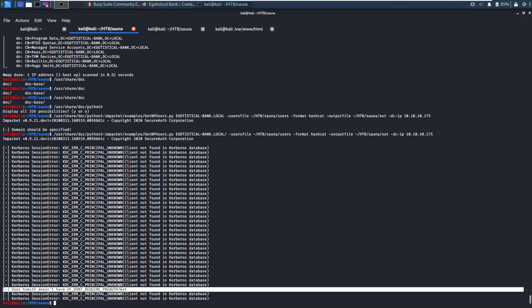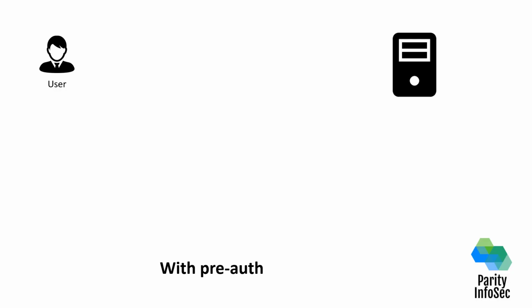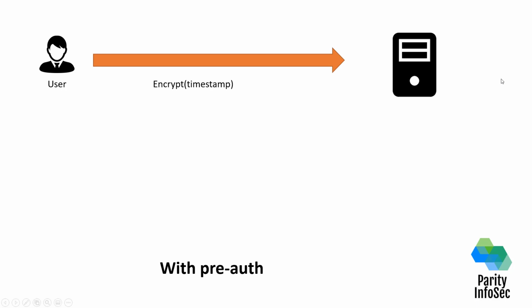And the way that it works, and maybe this diagram will help a little bit. Normally, when you're doing pre-auth, the user will know the password. They'll encrypt the timestamp with that information and pass it to your ticket granting server, so your TGS. At that point, they will validate it by decrypting it and going, okay, that's a good timestamp.